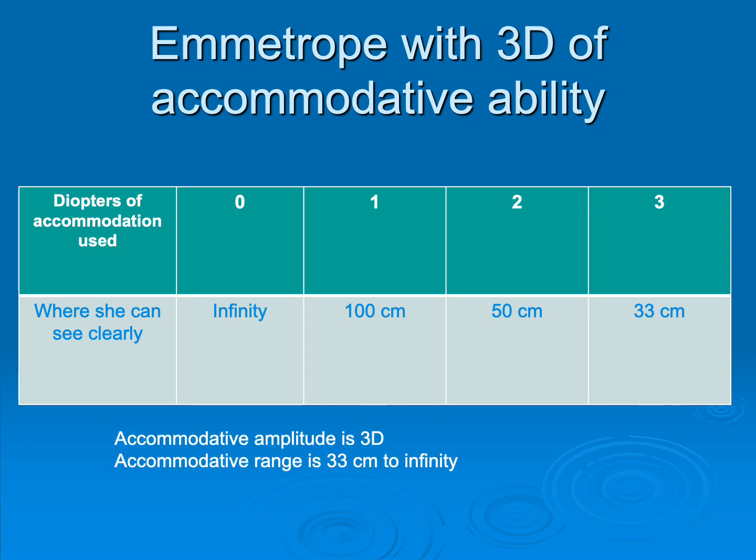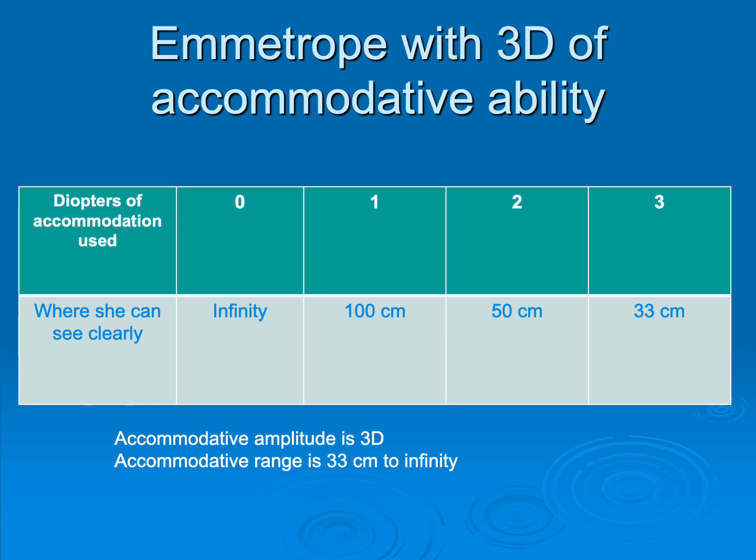But if she's a 3 diopter accommodative ability emmetrope, then that's what she can do. Having said that, we would say that her accommodative amplitude, which is the same thing as accommodative ability, is 3 diopters. Amplitude means the max accommodative ability. If we were to talk about her accommodative range, that would be the closest that she could see to the farthest away that she could see without any help other than accommodation.